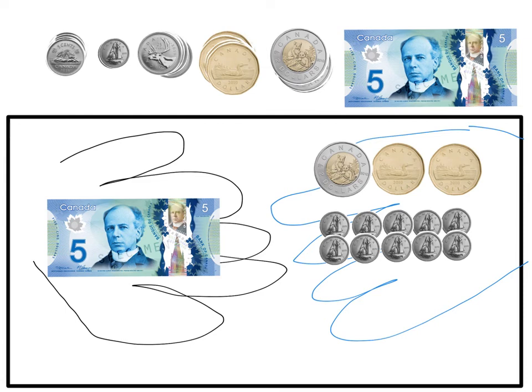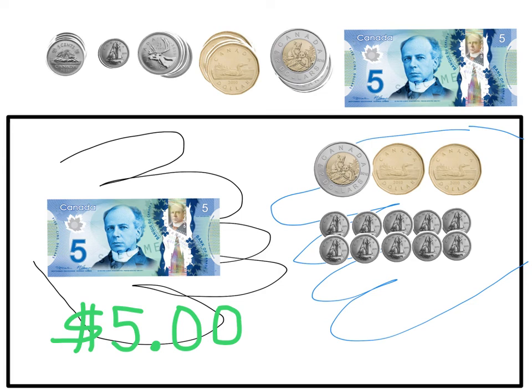Okay, before we end the video, let's write down what the amounts look like if you were to write them down with numbers and symbols. On the left-hand side, it's a $5 bill. I'll write it in green this time. It would be written like this: a dollar sign, and you would put a 5, and then a decimal, and then 2 zeros.